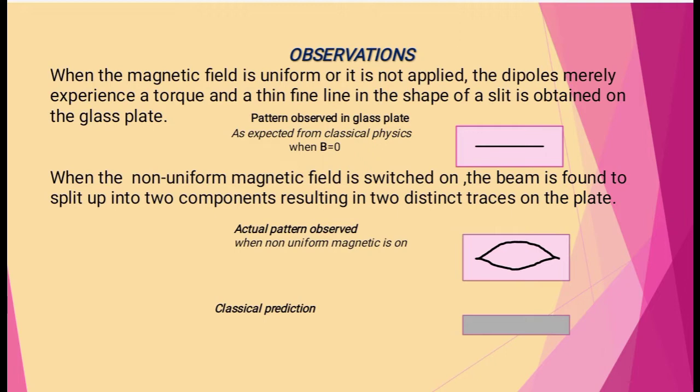In the first case, when the magnetic field is uniform or not applied, the dipoles merely experience a torque, and a thin fine line in the shape of a slit is obtained on the photographic glass plate. In the second case, with a non-uniform magnetic field, the beam is found to split up into two components, resulting in two distinct traces on the photographic glass plate.